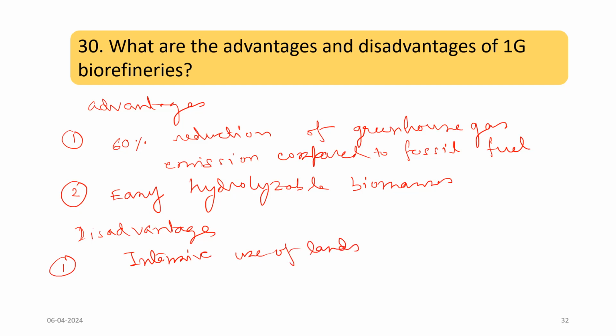So for the search of biomass, for sugar cane, rice straw and those stuff, we need to intensively use the lands, right? And competition with food and feed production.